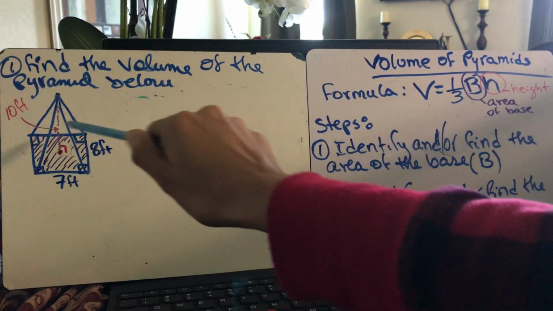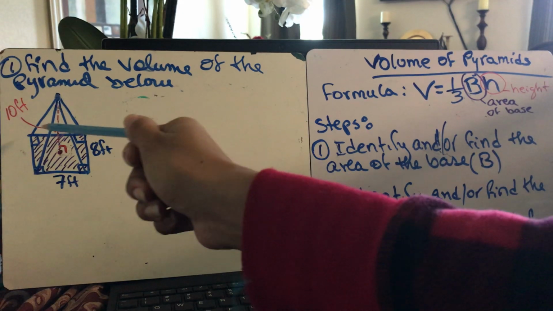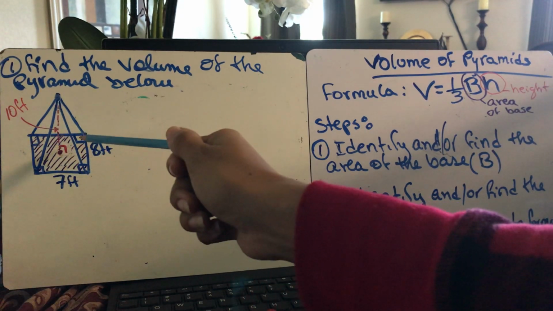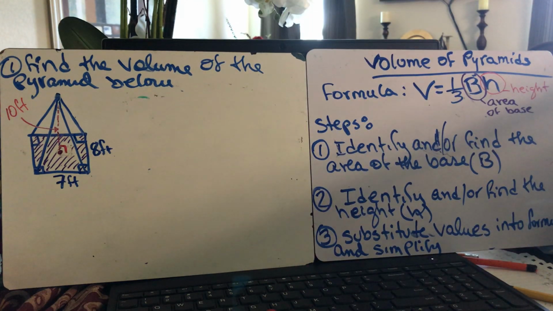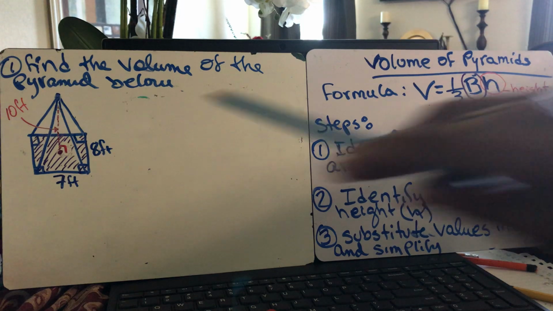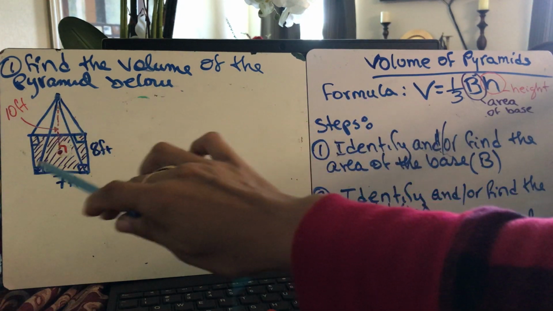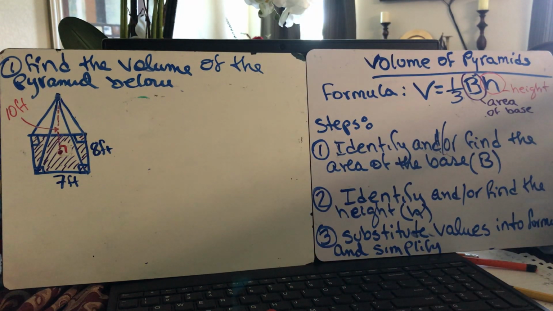Sometimes it could be a triangle, or a pentagon, or a square, or any other two-dimensional shape that we've dealt with before. That's why it's very crucial for you to identify the base, because then you can use the right formula to find the area of the base.